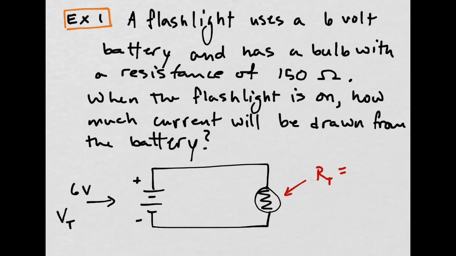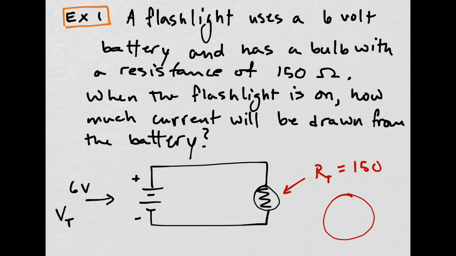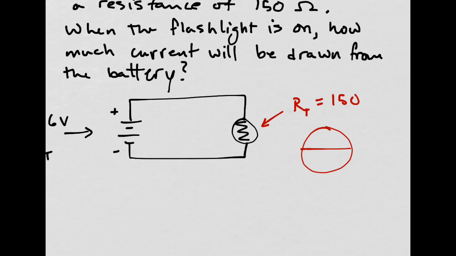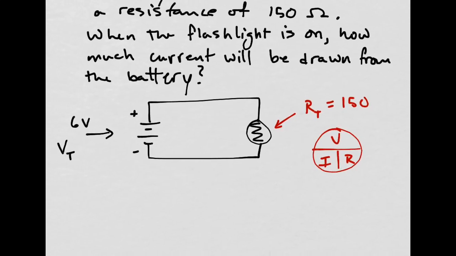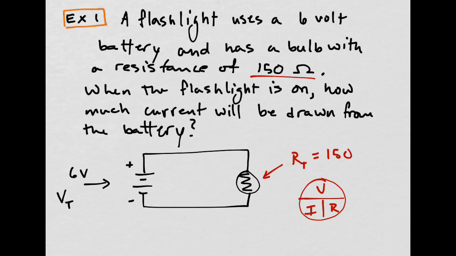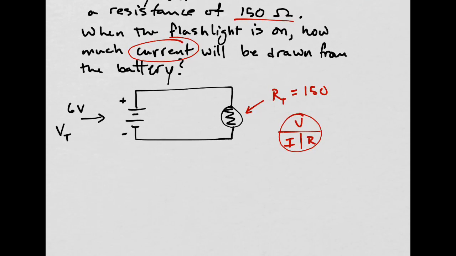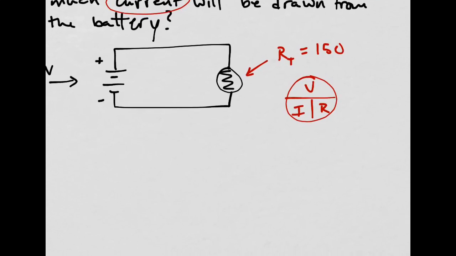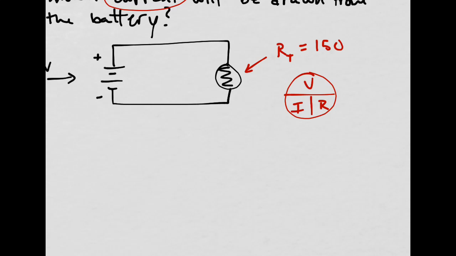The total resistance is 150, and I use this diagram, V I R. What do I want to solve for? I have 150 and 6 volts, so that's the voltage. When the flashlight is on, how much current will there be? So I have to solve for current. How much current will be running through the circuit?